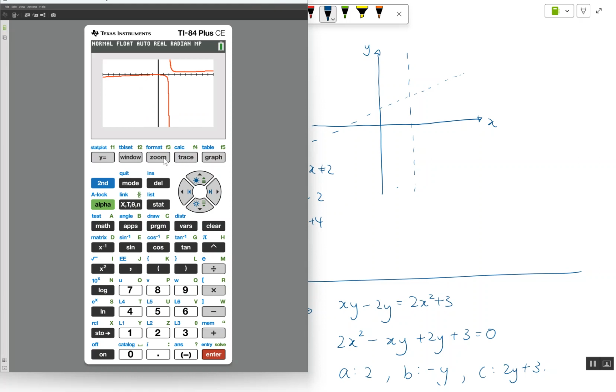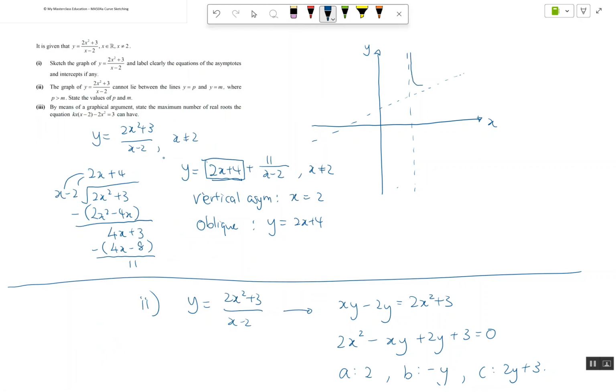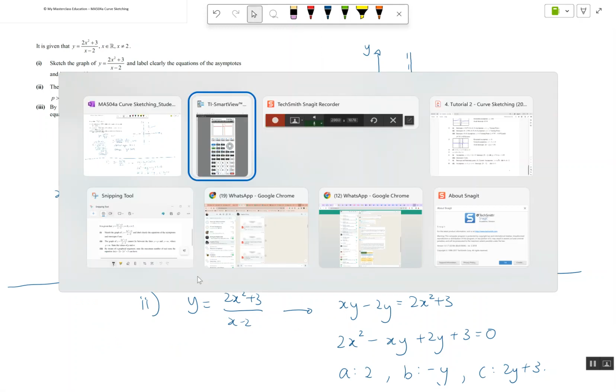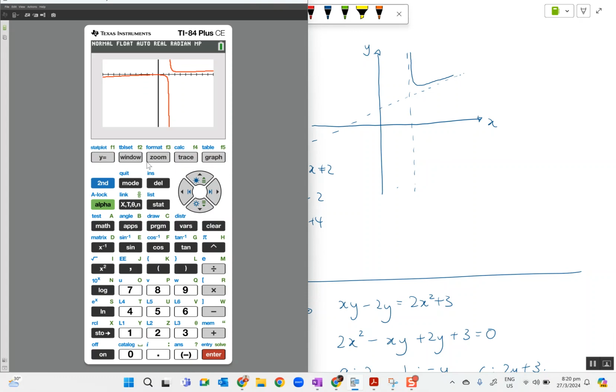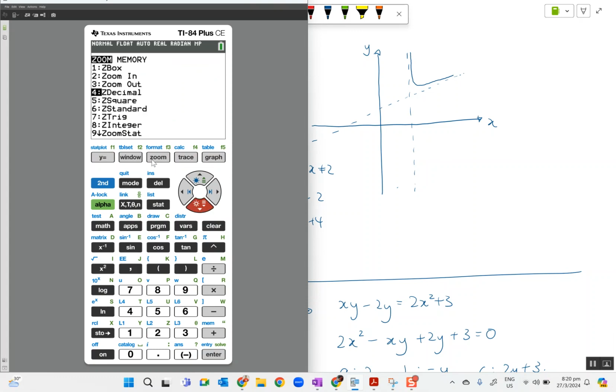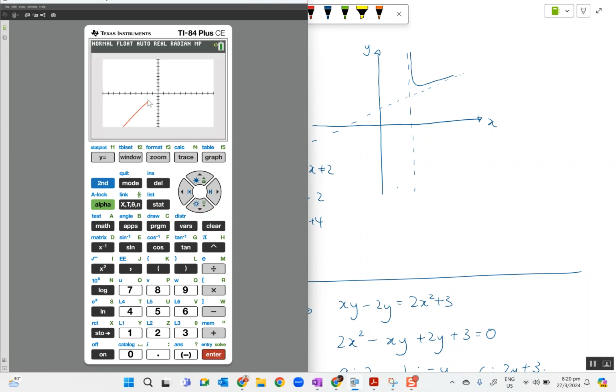Now, very important, the second graph actually doesn't matter. You can draw it just close to the axis, turning and going away to this side. But for the first graph, if you press zoom standard again, you do not know whether the turning point turns before the intercept.